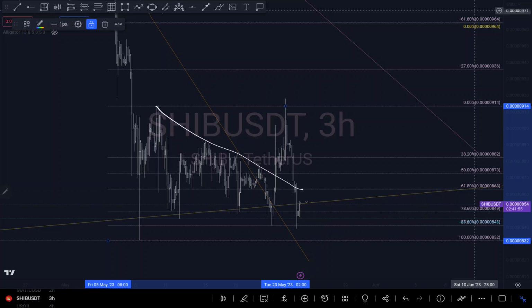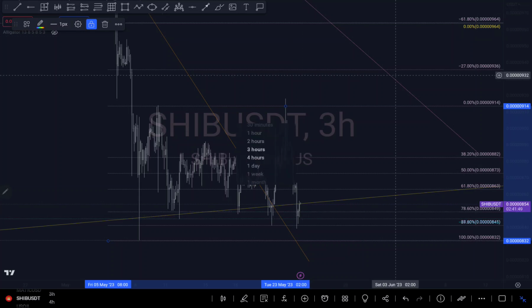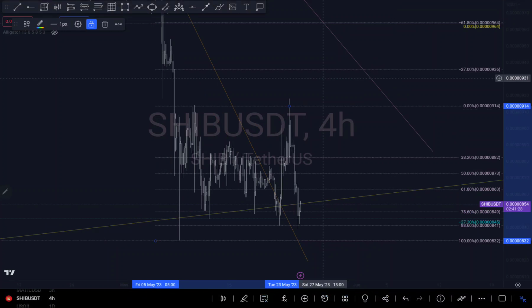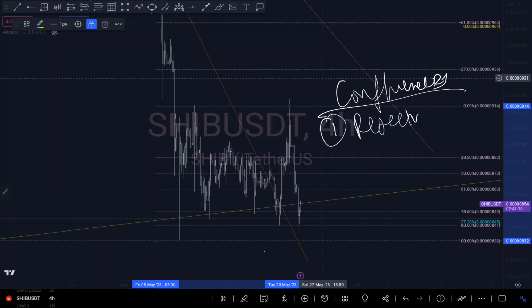I can see a break of structure around this area. So my confluences for this are: I see a rejection around my 88.6 fib level.